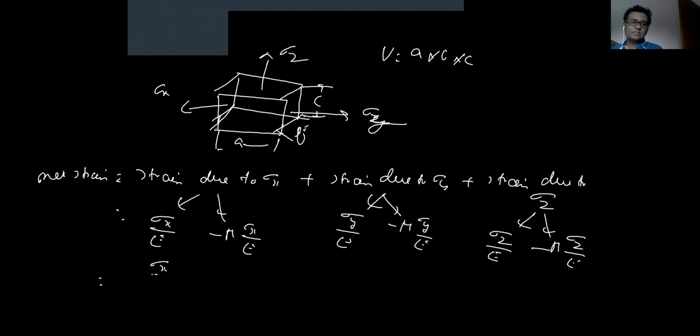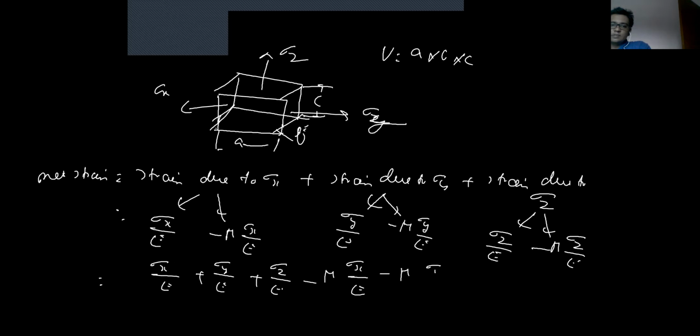So the final expression that we will get is sigma x upon E plus sigma y upon E plus sigma z upon E minus mu sigma x upon E minus mu sigma y upon E minus mu sigma z upon E.